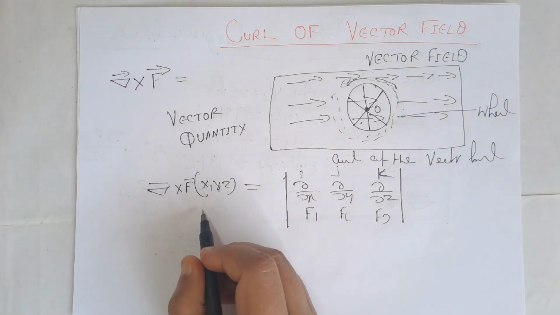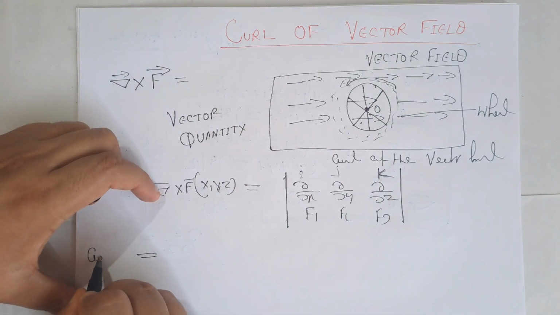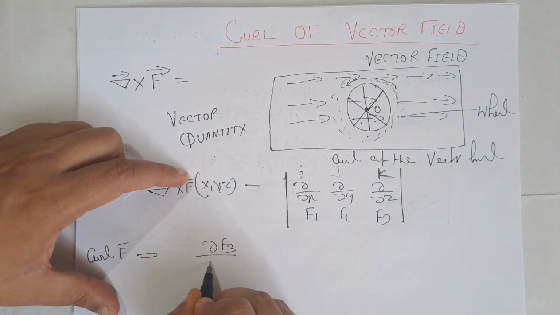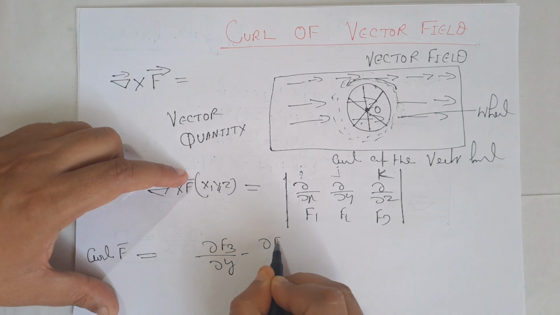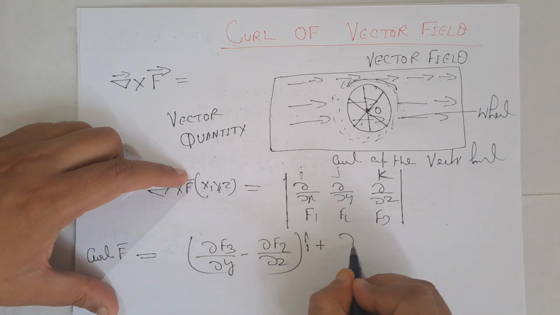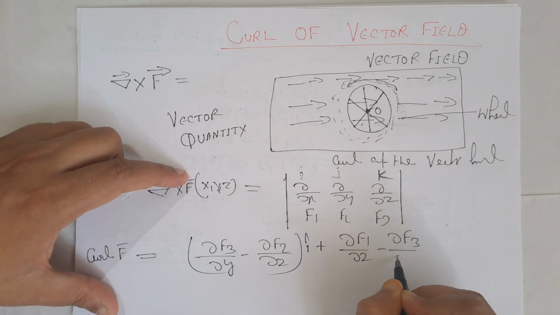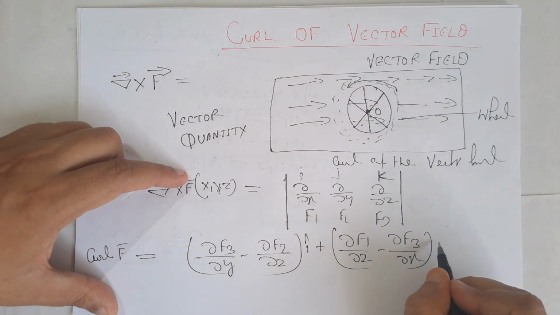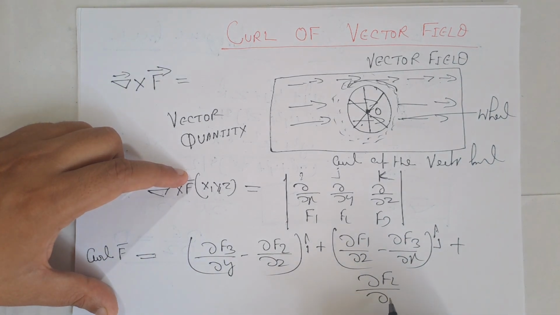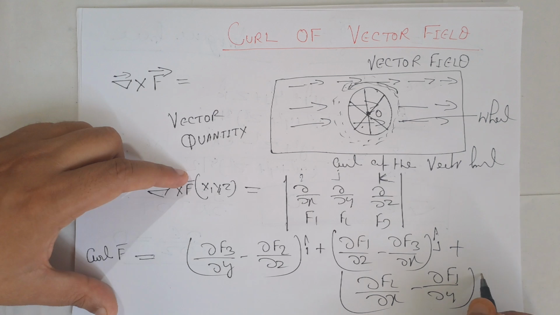This is the formula of the curl of any vector field, or we can write curl of F equal to (del f3 by del y minus del f2 by del z), this is the i component, (del f1 by del z minus del f3 by del x), this is the j component, plus (del f2 by del x minus del f1 by del y), this is k.